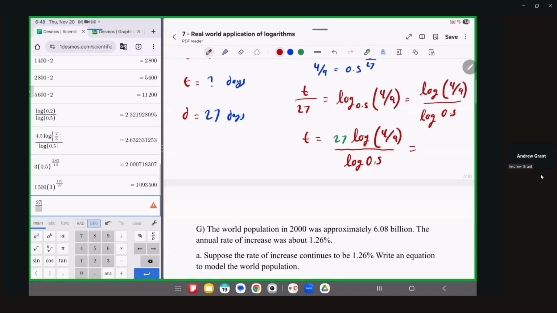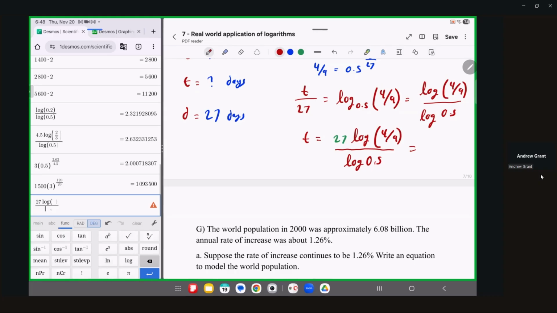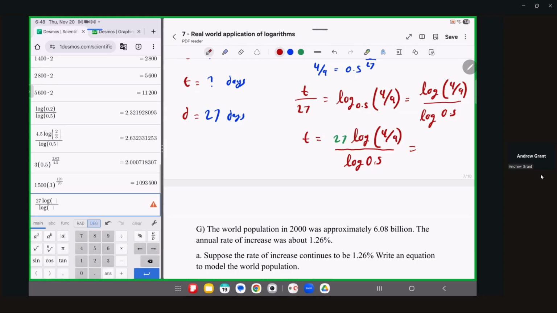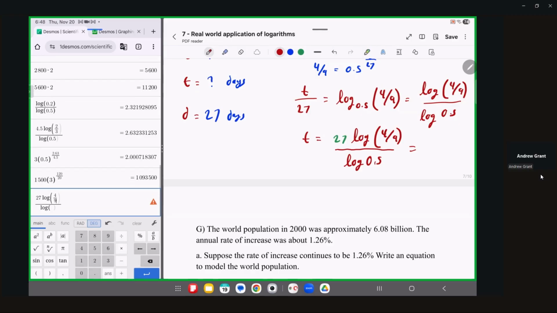So we have 27 times the log of 4 divided by 9, divided by log of 0.5. And so this will take about 31.58 days. And again, this makes sense.